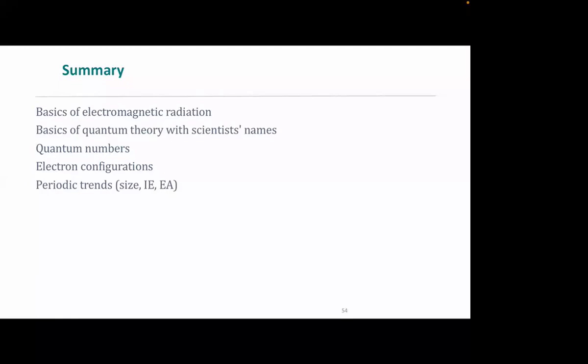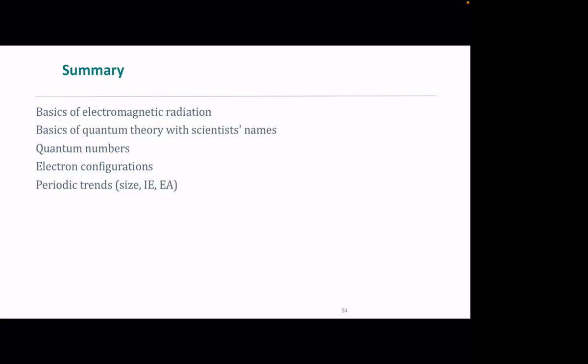You could be asked to tell me the designation of an electron in a particular configuration. So what's the highest energy electron in the bromine atom? Well, bromine's in period 4, so it has to be 4, and then P is higher than S, so it has to be a 4p electron.